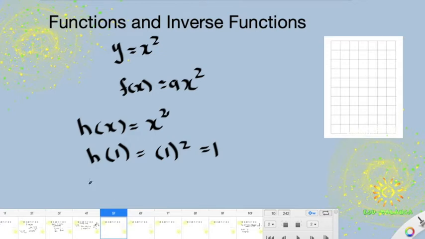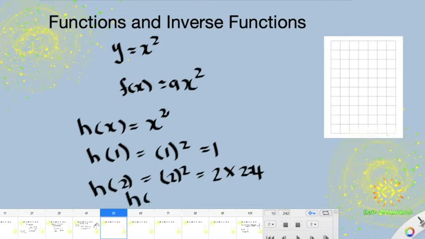Then I substitute, for instance, a 2. 2 squared is again 2 times 2, which gives 4. And then at negative 1, just like we substituted negative 1 for f(x) in the previous straight line graph, negative 1 times negative 1, the negatives become positive and we get 1.